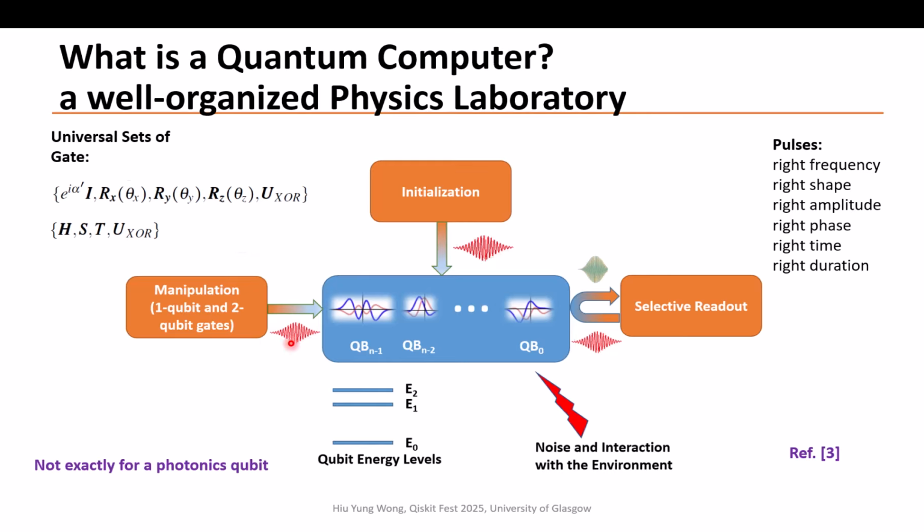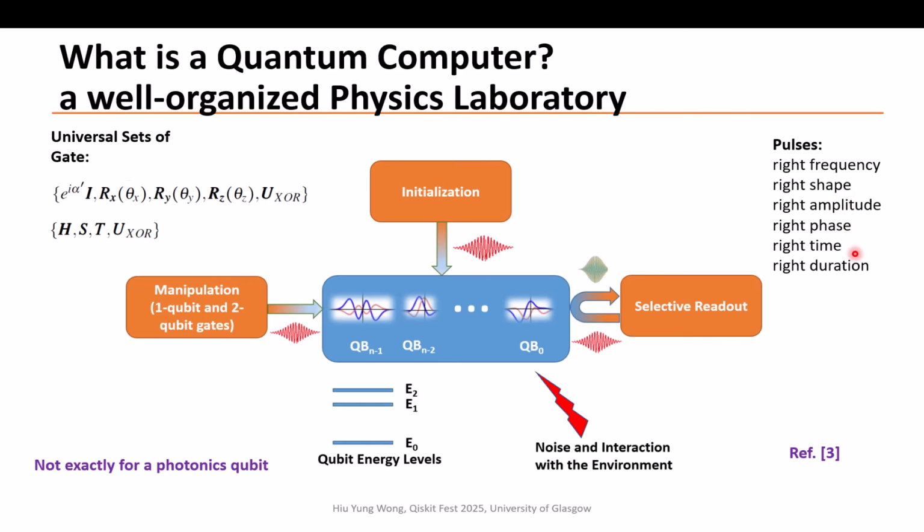You probably have learned this already, or you're going to practice a lot in today's hands-on workshop. So after all, a quantum computer is just some passive qubits, and you send the right frequency with the right shape, right pulse, right amplitude, right duration at the right time. And that is a quantum computer.